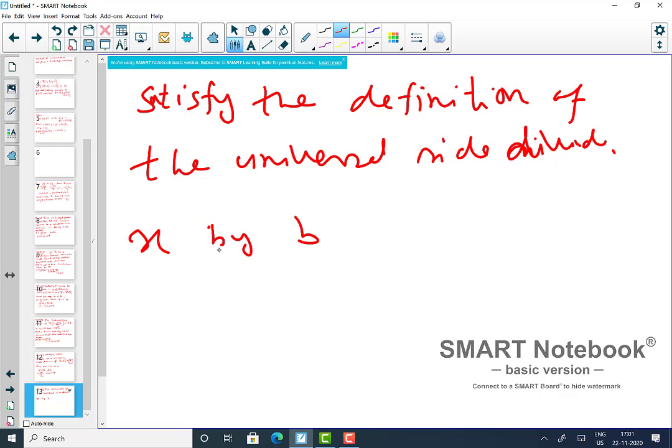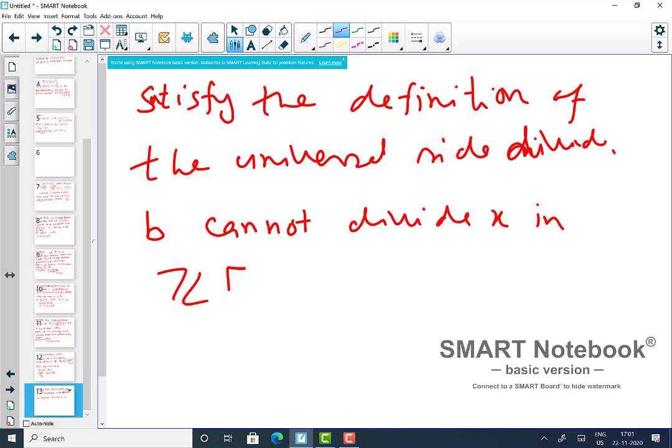So b cannot divide x in Z[(1 plus square root of minus 19)/2]. Either b cannot divide this, or x plus 1 and x minus 1. These are the only possibilities. We cannot divide those, right? So this is a proof. You can also prove this way that this is not a Euclidean norm.